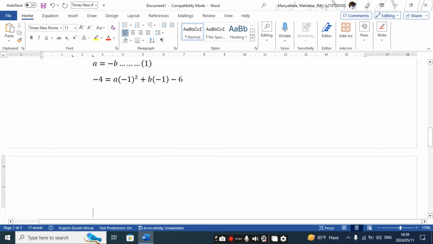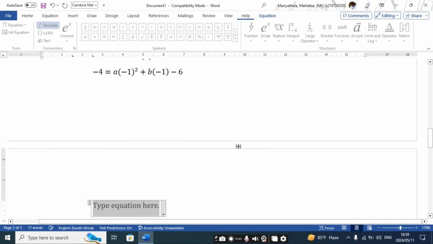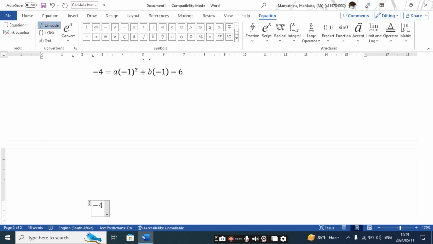Okay, I keep the -4. -4 will be equal to -1 times -1 will give me +1, and +1 multiplied by a will just be a. -1 times positive b will be minus b, minus 6.